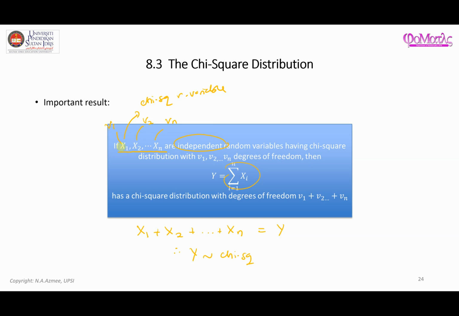It makes sense that Y should be a chi-square distribution as well, where the degrees of freedom is the sum of all the degrees of freedom: the degrees of freedom for the first random variable plus the second one, and so on. So that's the idea.